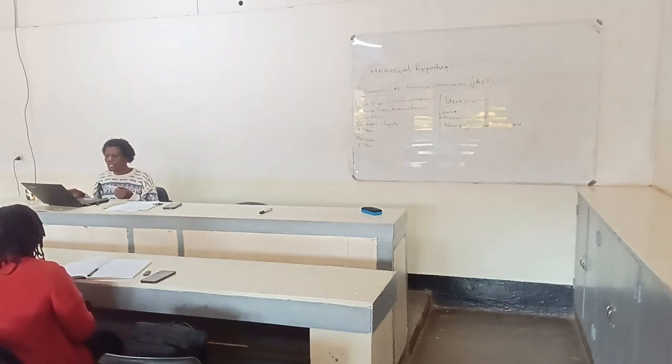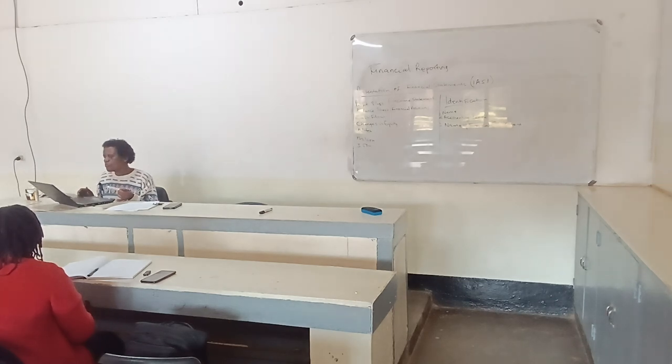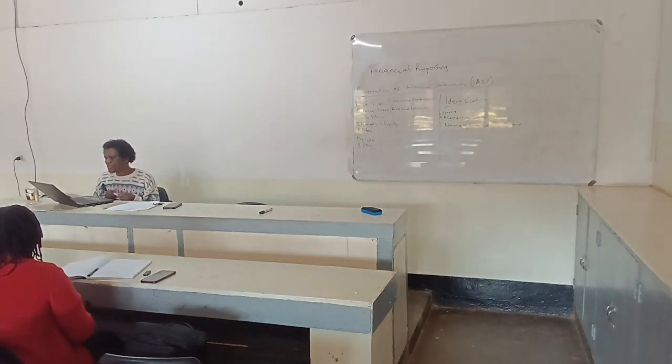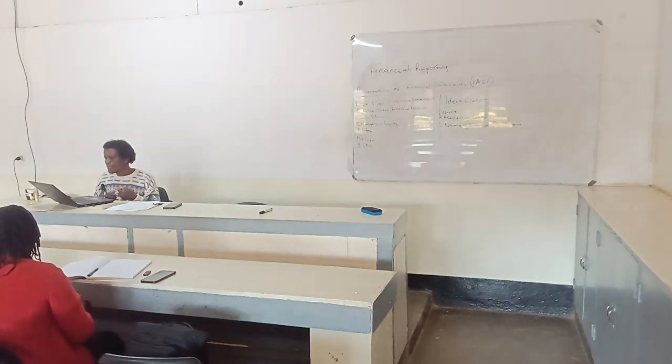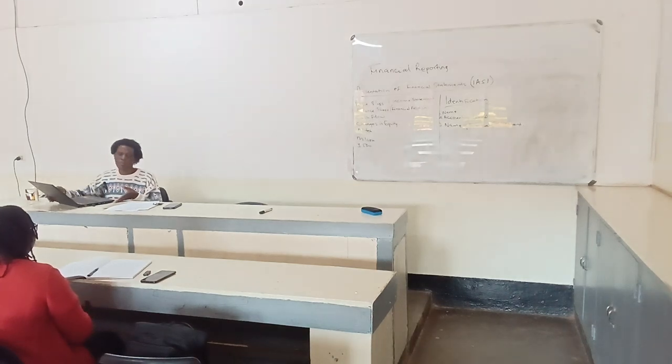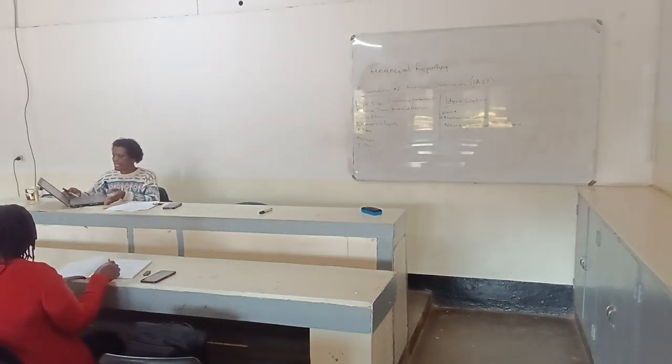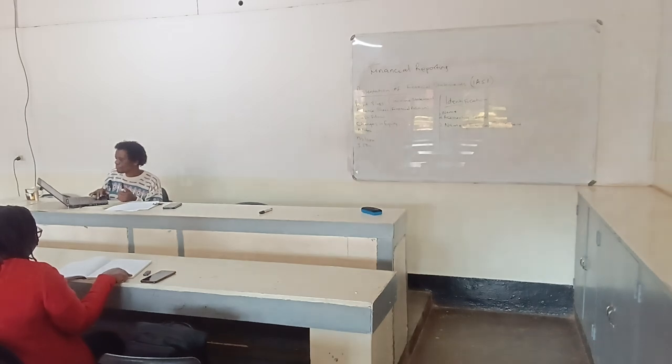So I will write an example of presentation of financial statement in connection with financial position. I'm going to give you an example on that one, maybe some can understand it best.